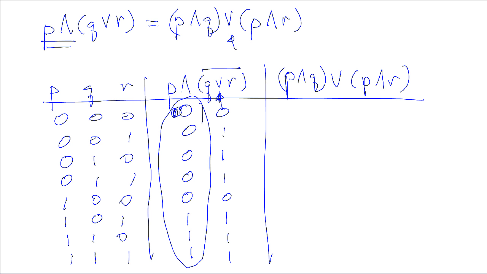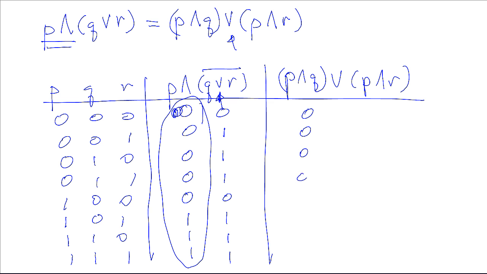Okay? I'm going to do the same thing over here. I'm going to look at P and Q, and I'm going to make a column for P and Q right underneath the AND sign here. P and Q is only true on the last 2 rows. P and R, I'm going to look at the P and the R column, the first and the third. It's true only on the second to last and the last rows.